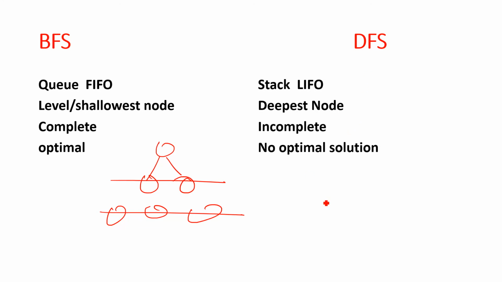But DFS goes depth wise, right? If it does not find the destination, then it will come back and then follow another path. Here we will get an optimal solution or complete. Here may or may not be. Why? Because sometimes there are too many nodes, right? And we get stuck in the loop, so that is why sometimes may or may not be.